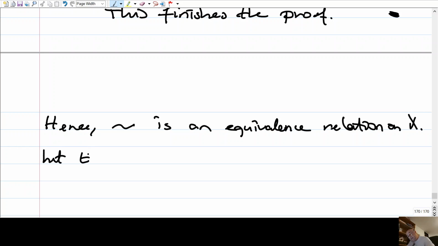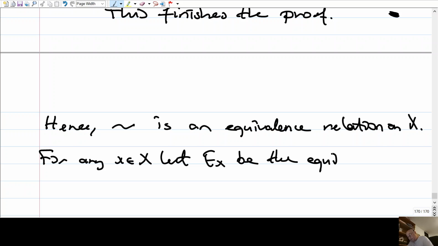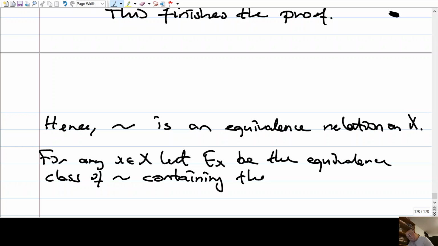Let me do it. For any x in X, let E_x be the equivalence class of the relation containing the point x.